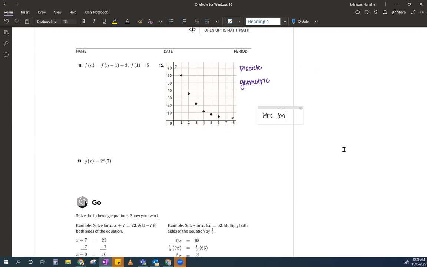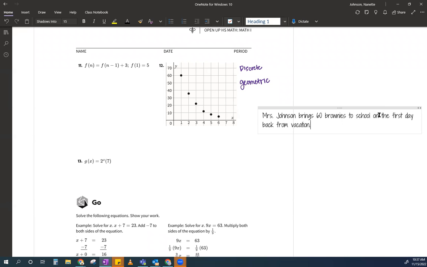Mrs. Johnson brings brownies to school. Well, let's put 60 because that's what we're actually starting with. 60 brownies to school. And we'll say on the first day back from vacation.